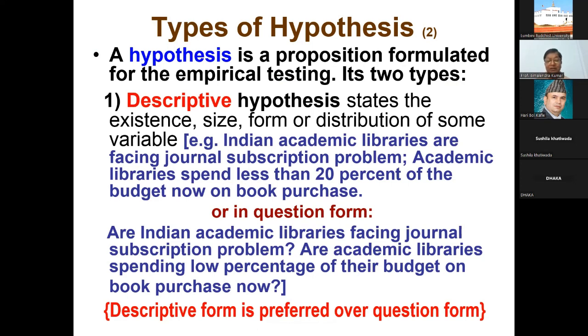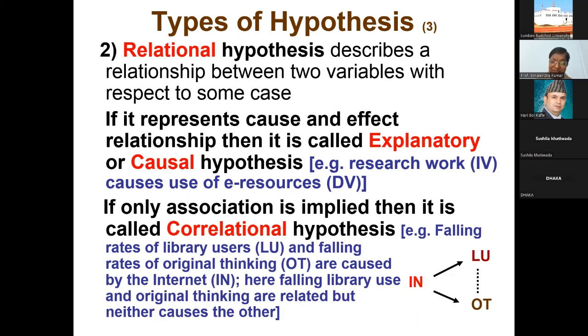Generally, the descriptive form is preferred over the question form, so the hypothesis should not be made in question form. So there is a descriptive hypothesis. The second is the relational hypothesis, which describes a relationship between 2 variables with respect to some case.